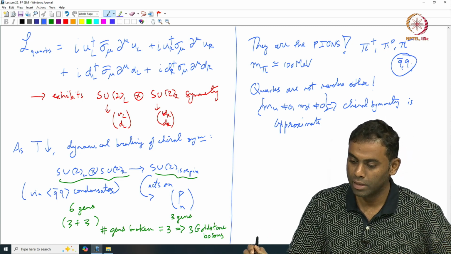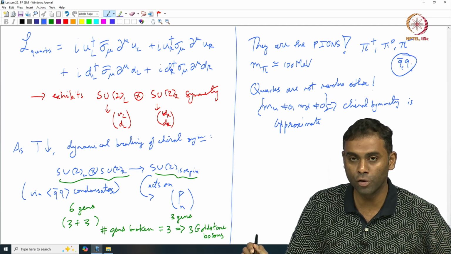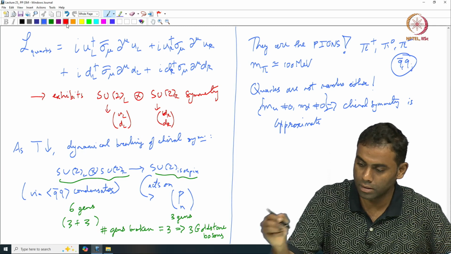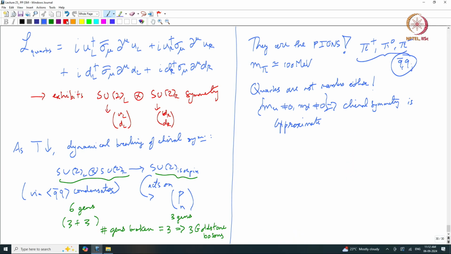Okay. So, when you break an approximate symmetry, you are not going to get an exact Goldstone boson. What you are going to end up with is what are known as pseudo Goldstone bosons.